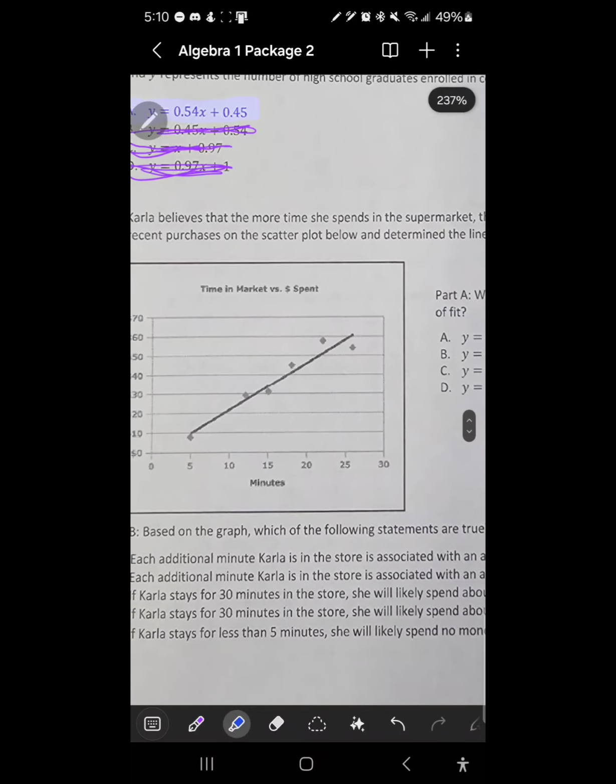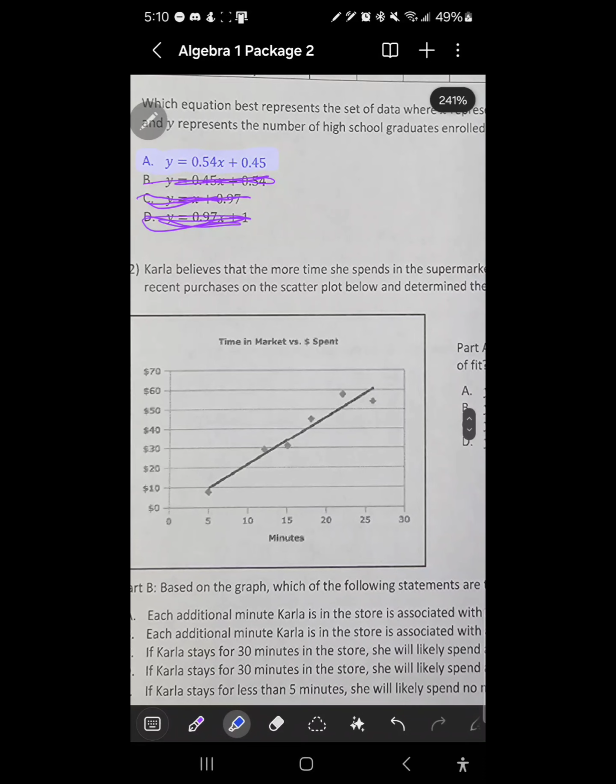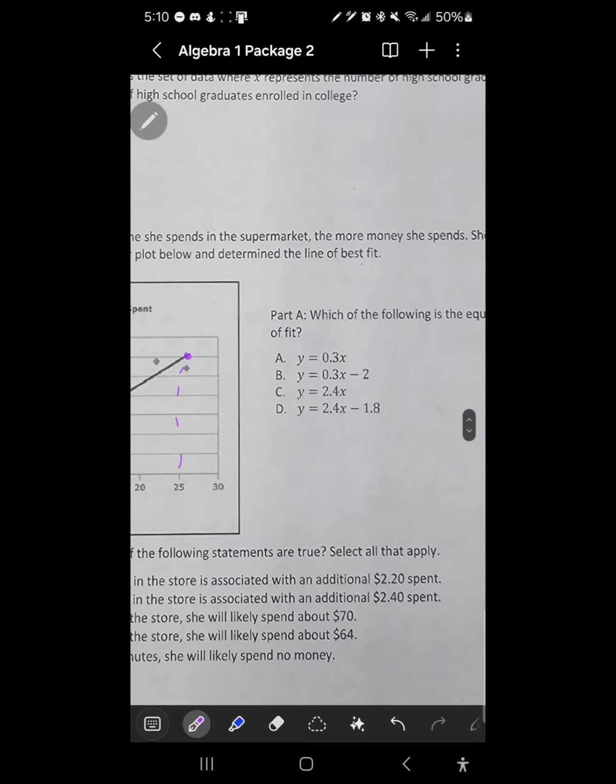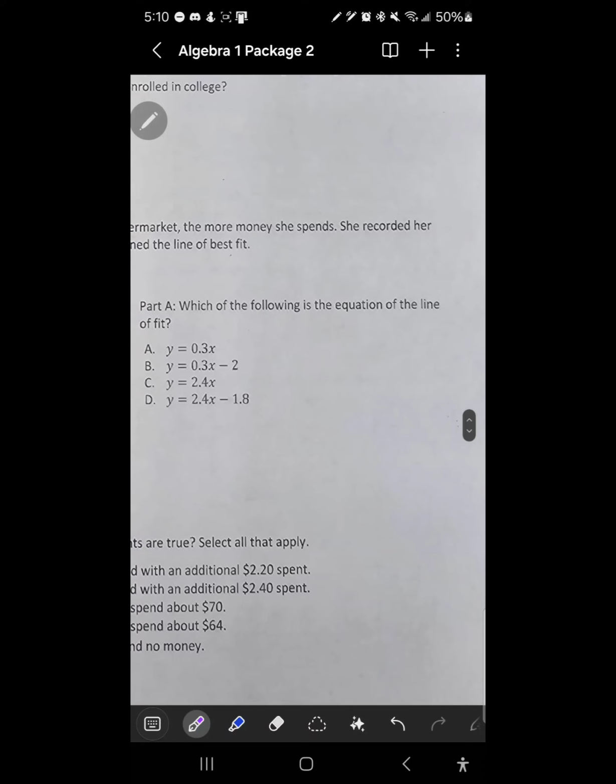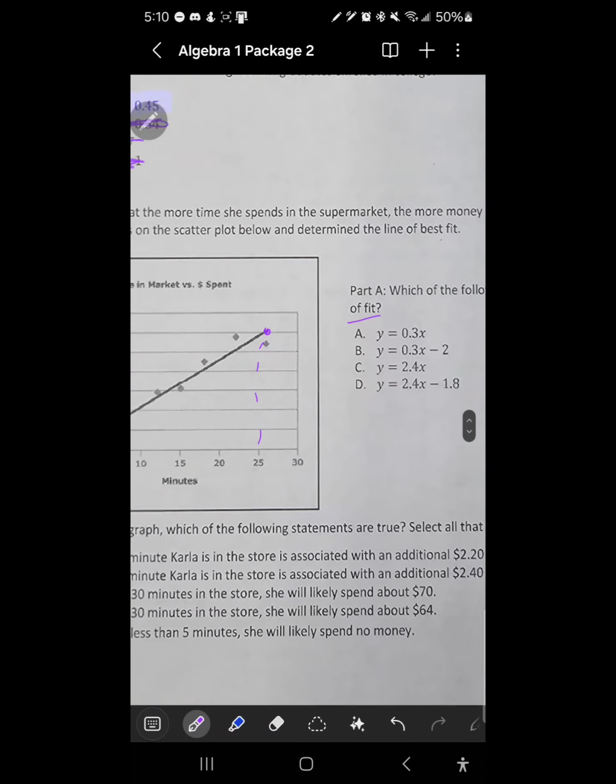first what I will do is calculate the slope. We have this point, which is approximately 25 and 60. Then this point, which is 5 and 10. And in this case, we always use the line of best fit because that's what they're asking for, the equation of the line of fit.